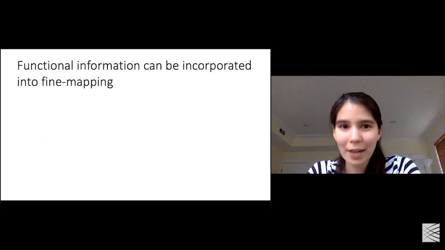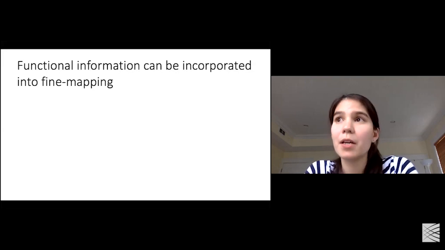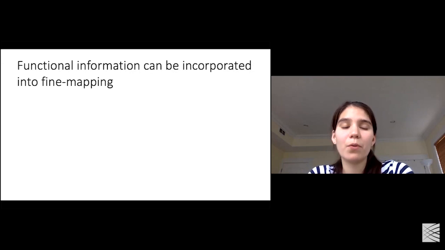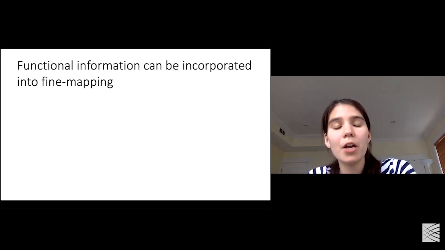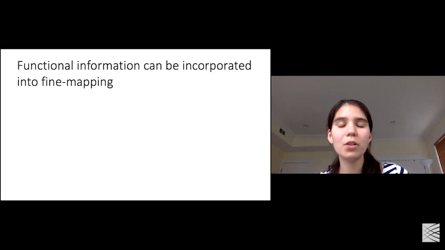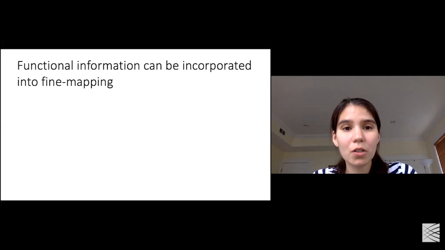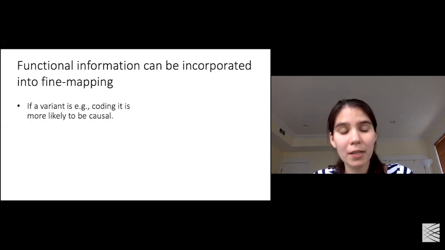I got a question earlier about flat priors. The methods I've described so far assume that before you look at the GWAS data in the locus, every variant is equally likely to be causal. But intuitively, of course, that's not the case. If you just know which variants are in the locus, and some are coding and some are non-coding, then a coding variant is more likely to drive disease than a non-coding variant.